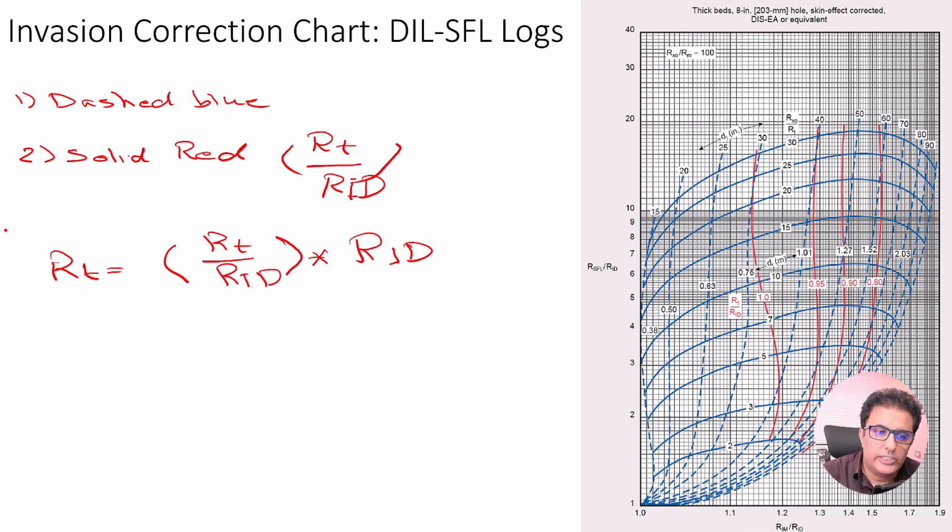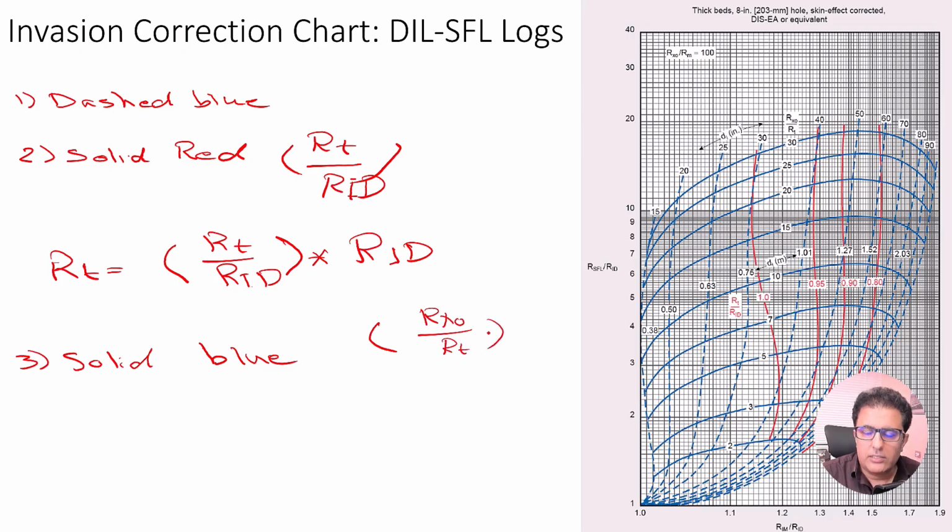If you look at the blue curves here, or the solid blue curve to be more precise, the solid blue provides estimates of RXO over RT. In other words, you read the ratio of RXO over RT from the blue curves, and using this ratio you can estimate RXO.